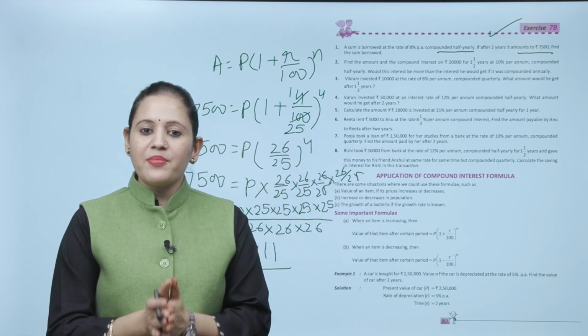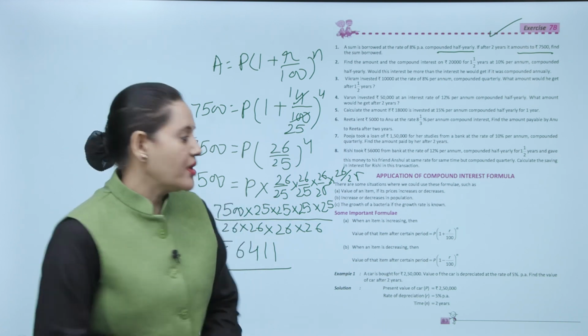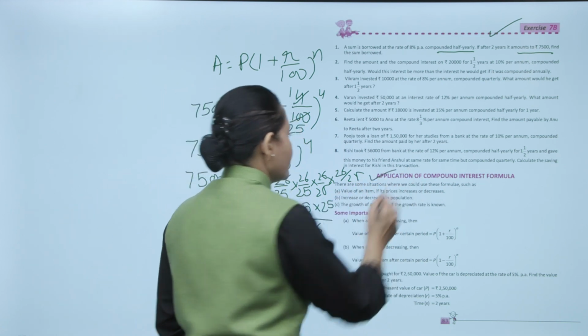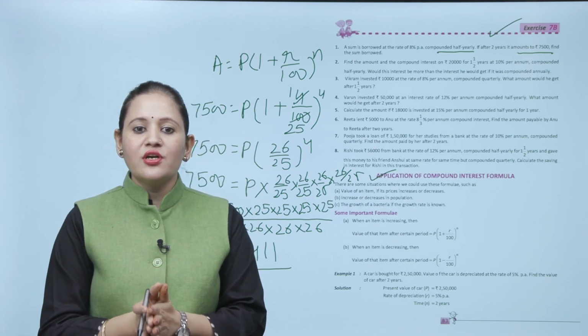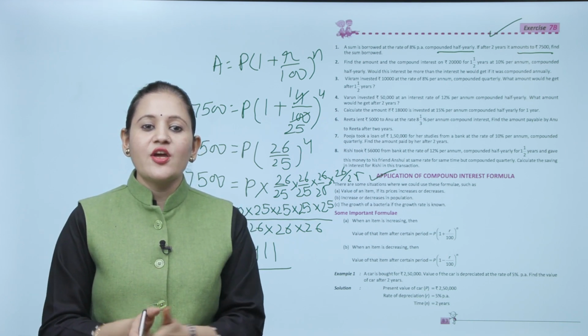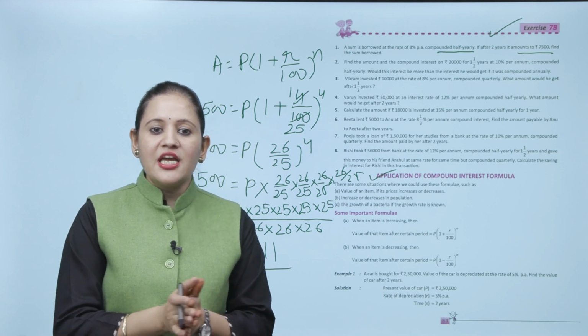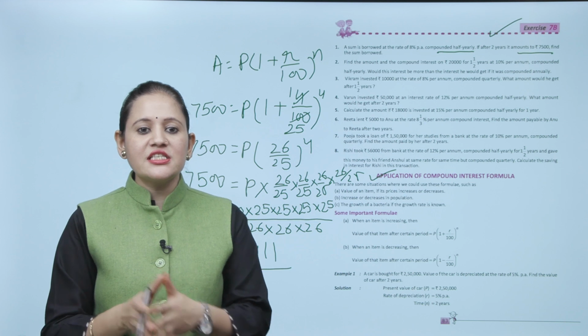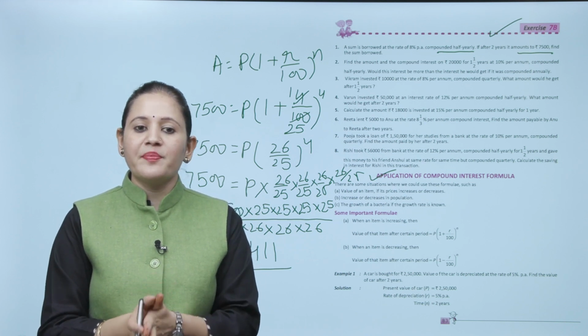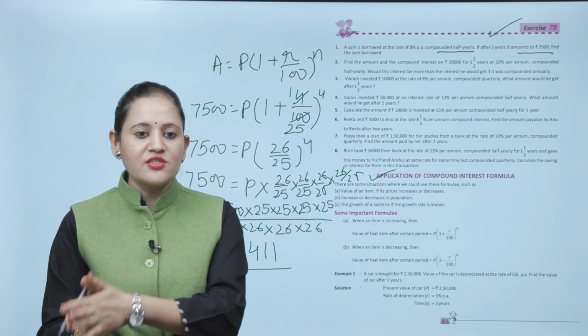Next is application of the compound interest formula. There are some situations where we could use these formulas, such as the value of an item if its price increases or decreases, increase or decrease in population, the growth of bacteria if the population rate is known.